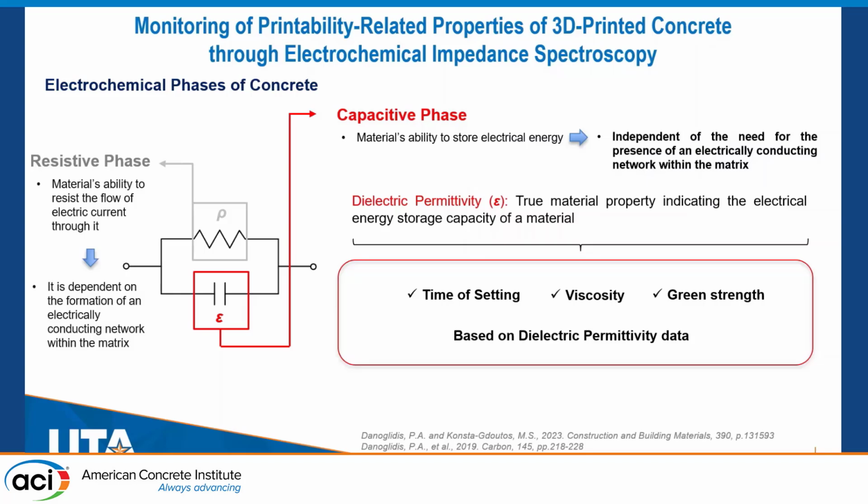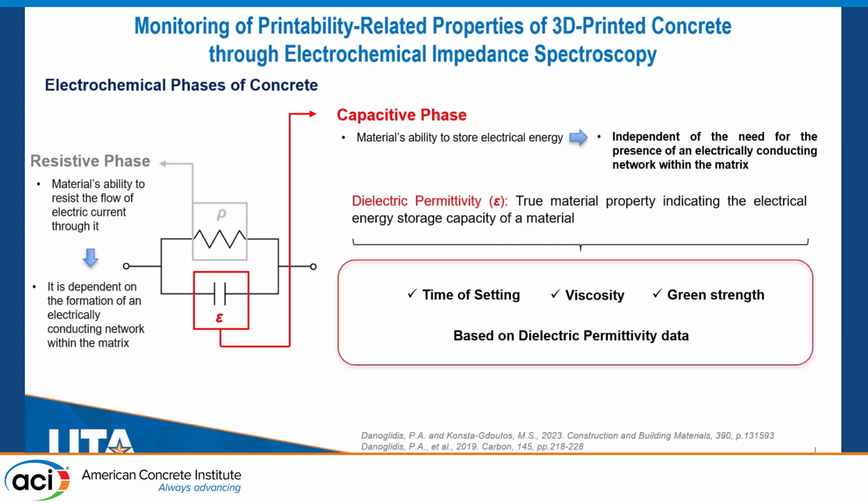For all materials, actually, and especially when we talk about complex fluids, for example, cementitious materials or concrete, then we talk about materials that include two phases related to the electrochemical phases. And we talk about the resistive phase and the capacitive phase.